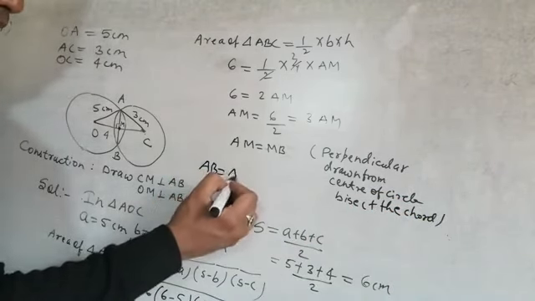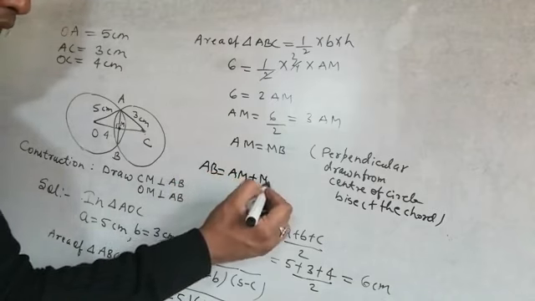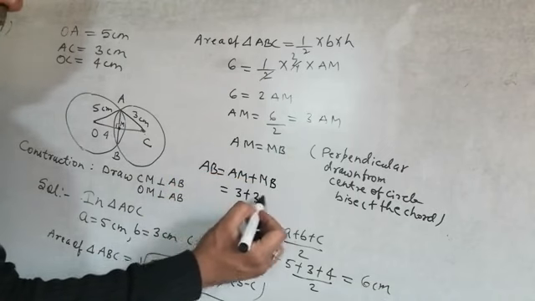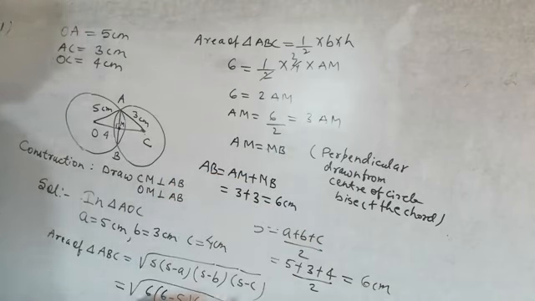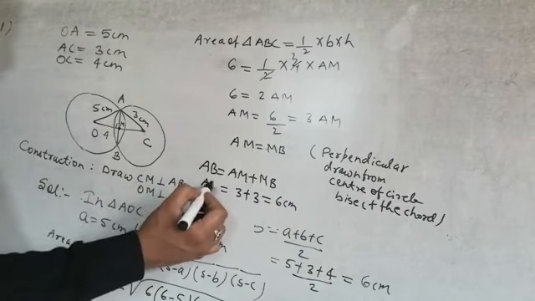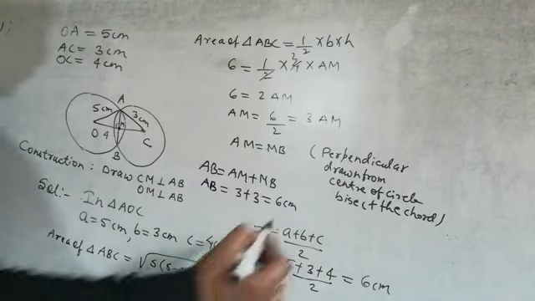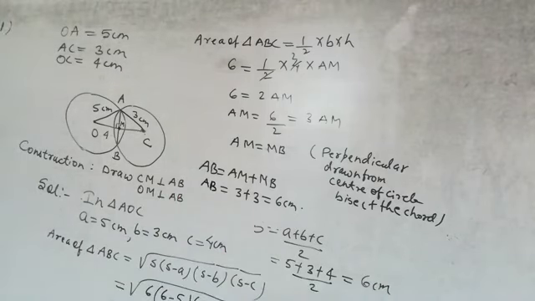AB will be equal to AM plus MB, which is 3 plus 3, 6 centimeter. AB is 6 centimeter. This is our answer to find the chord.